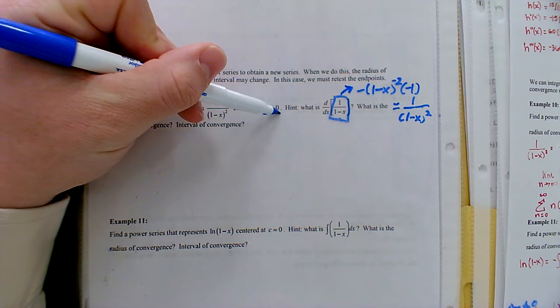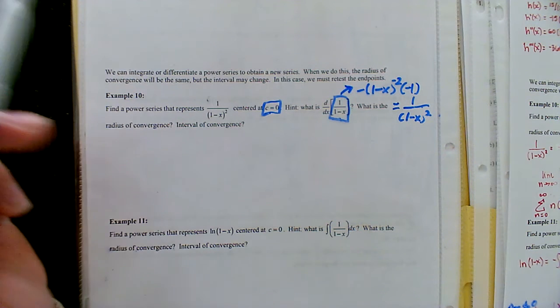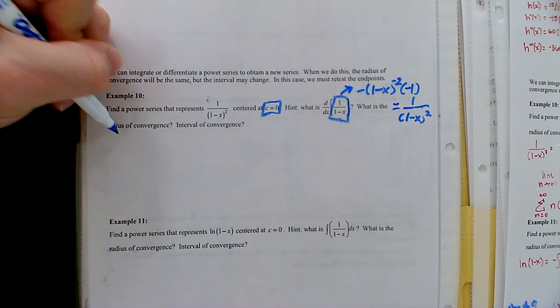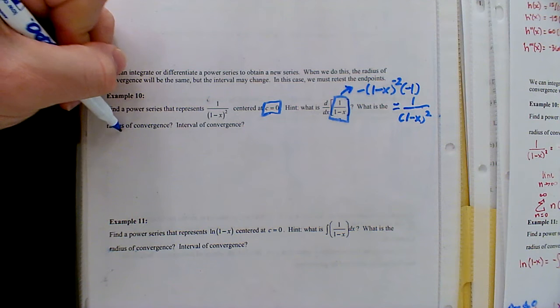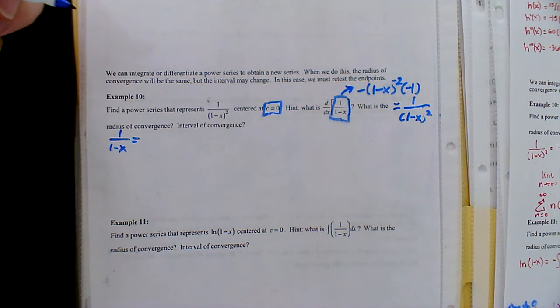And remember, they're telling us it's centered at 0, so we know that one we had memorized was also centered at 0, so we can use it. So just as a reminder, let's write that one down. 1 over 1 minus x. Just in case you need the reminder, what is it?